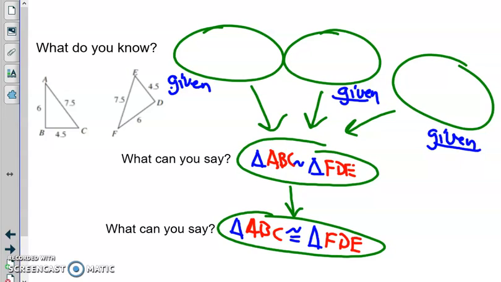So we have to have either side-angle-side, side-side-side, long side short side angle, even hypotenuse-leg. There are three pieces of information. For hypotenuse-leg, we have right angles. Or if we're using just angle-angle, we have just two circles, two loops. So what do we know? And then is it enough to be able to say the triangles are similar? And by what reason? And then can we also then say the triangles are congruent? And if so, by what reason?